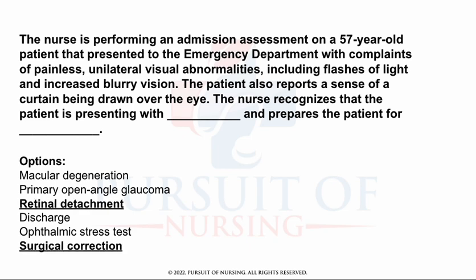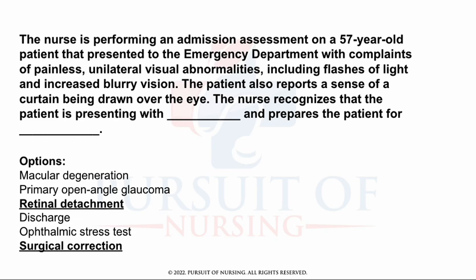All right, so you need to recognize that a curtain being drawn over the eye is retinal detachment. So retinal detachment is evidenced by flashes of light or floaters, which are often caused by bleeding. The patient can also have blurry vision. A sense of a curtain being pulled over the eye is classic for retinal detachment, and there's going to be a painless loss of central and peripheral vision.